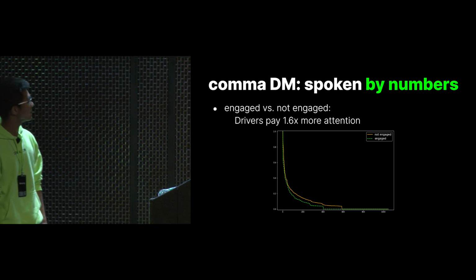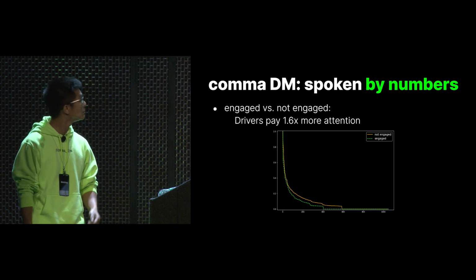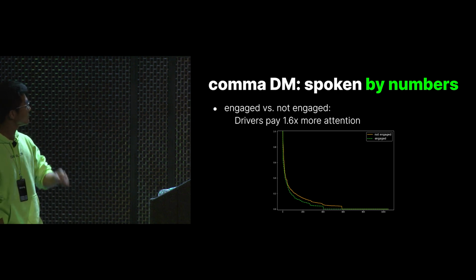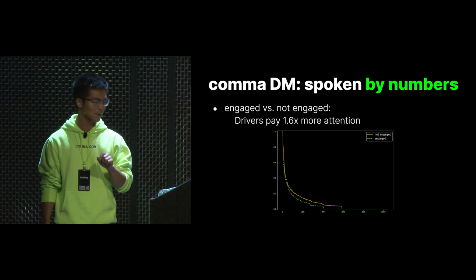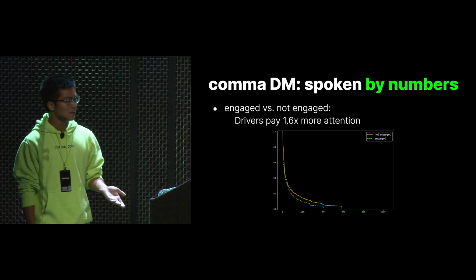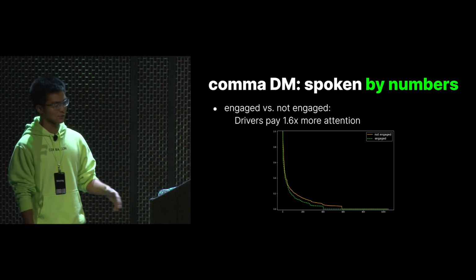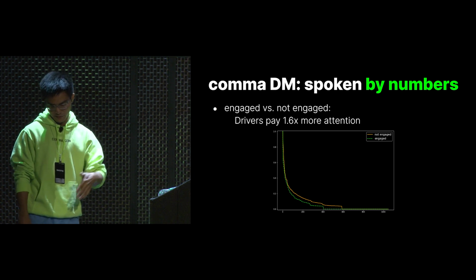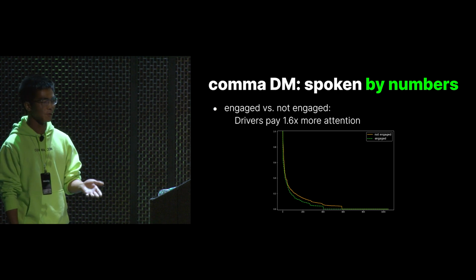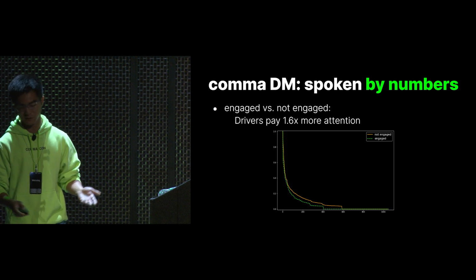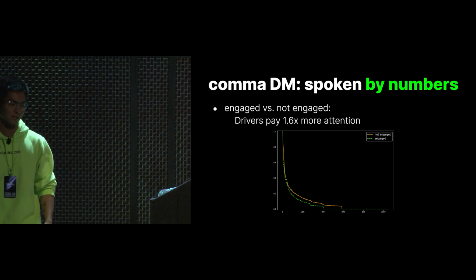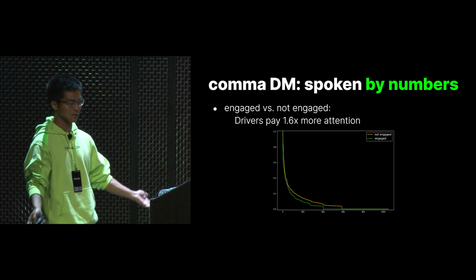Thus, we can say that when engaged with OpenPilot, people pay 60% more attention, in the sense that DM helps to remind people that they need to be paying attention. It's not the fact that it beeps. It's the fact that you know it would beep at you if you don't pay enough attention. In a way, it's similar to speed limits. It's not about the consequences. It's mostly about the presence.